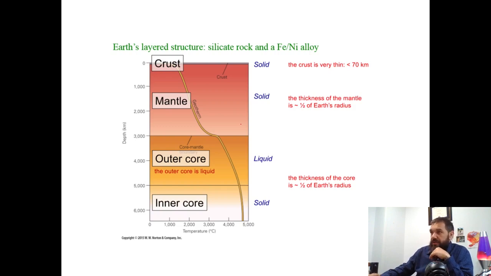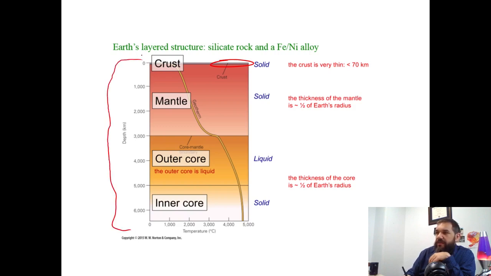So Earth's structure is layered, okay? We go through the crust, and it's amazing because if you look at this, you might not even have noticed the crust. The crust is just so thin. This is a diagram that shows a cross-section going into the Earth, starting at the surface. That's the depth in kilometers. We use the metric system here, so we're going to be using kilometers.